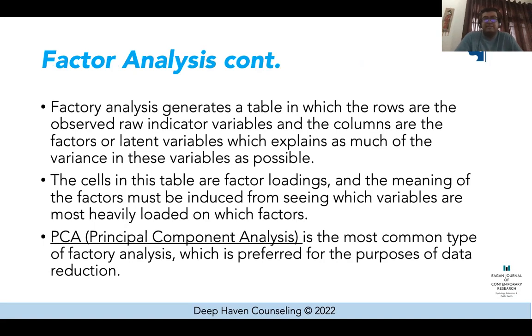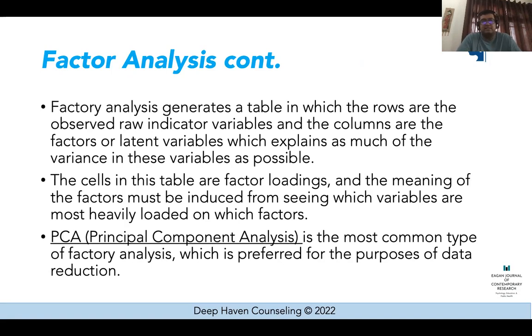So factor analysis generates a table in which the rows are the observed indicator variables and the columns are the factors or latent variables, which explain as much of the variance in these variables as possible. Okay, so I'll show it in the next slide.